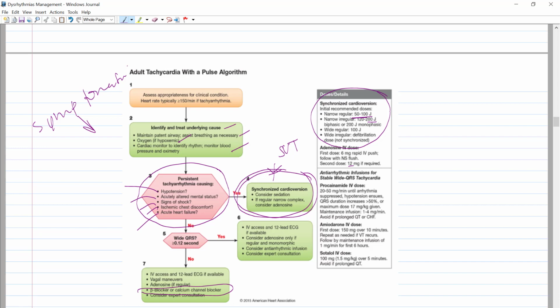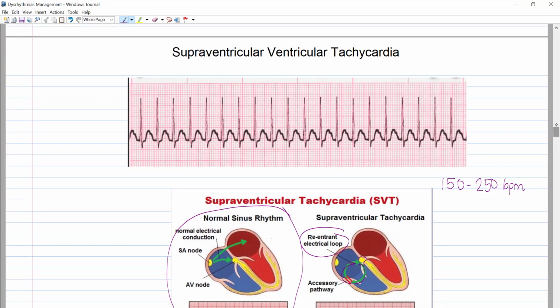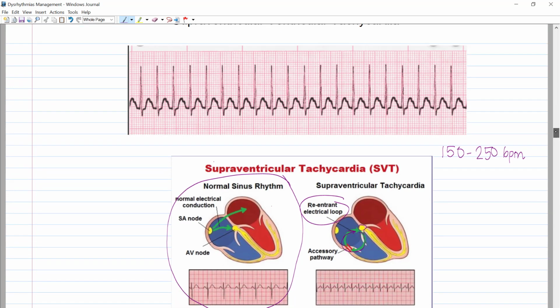Then consult EPS. Now, if it's a true SVT and you investigate, I'm going to repeat, the medication is adenosine 6 milligrams first dose. Second dose would be 12 milligrams if required, and synchronize cardiovert the patient, giving a small dose of energy from 50 joules to 200 joules.